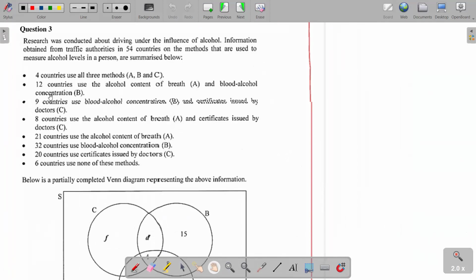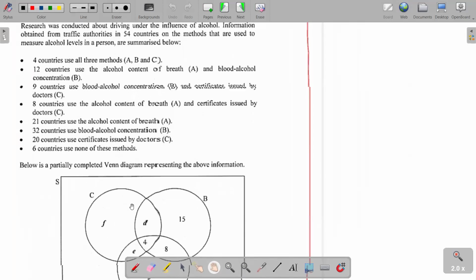Information was obtained from traffic authorities in 54 countries on the methods that are used to measure alcohol level in a person, summarized below. And if you check, these are the statistics. 4 countries use all 3 methods, which is what we have here.